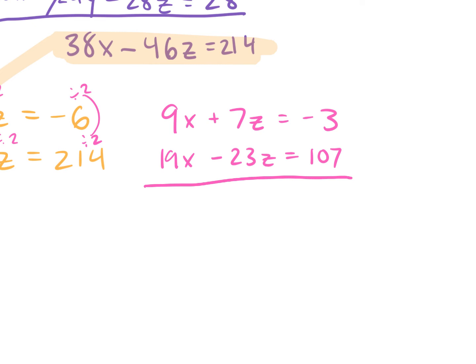Multiply 7 by 7, or negative 7, and then 23 by 2. 23 times 2 would be 46. So if we can't figure out which one, we could always just multiply the first equation by 23 and the second by 7. It's not ideal because the numbers will be really big, but it works because we know that'll give us the same coefficient.